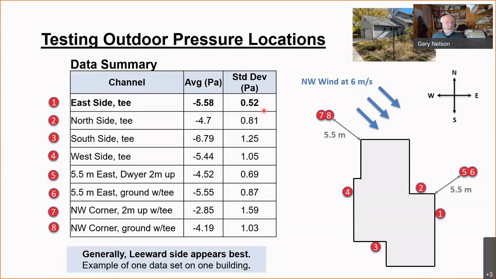You'll see that the lowest standard deviation was actually measured over here on the leeward side of the building, right where the wall and the ground come together.